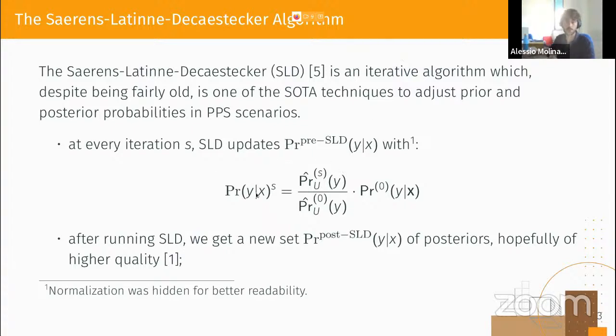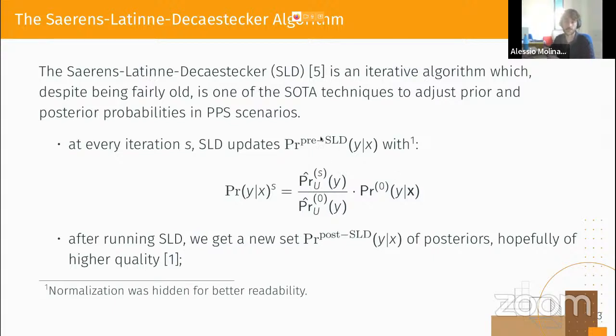This is how we update our posterior probabilities, and I would ask you to focus mainly on this one: the estimated prevalence, which is the average of the posteriors. After we run SLD, we get a new set of posterior probabilities, and hopefully this is better than what we had before running SLD.